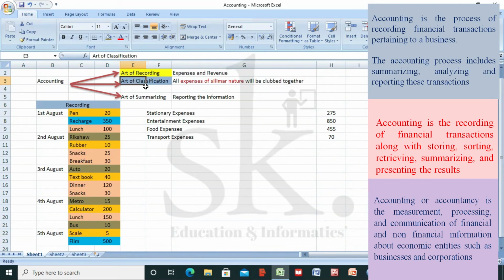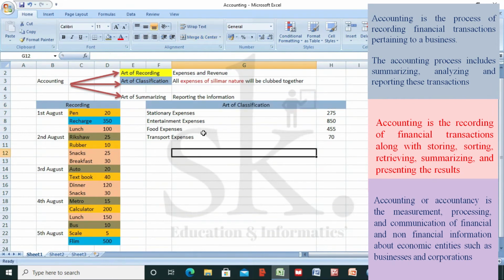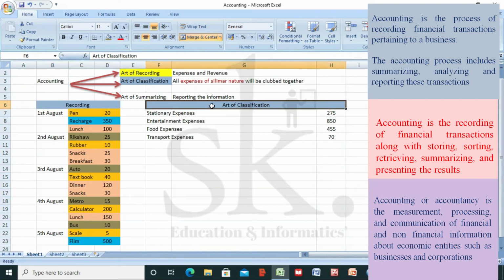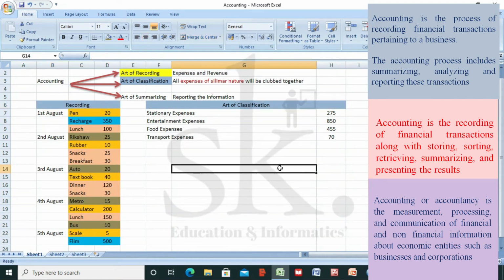As per our theory, step 2 was the art of classification. Now we are classifying under various heads: stationery expenses, entertainment expenses, food expenses, and transportation expenses. So I have recorded the transactions, I have classified the transactions.